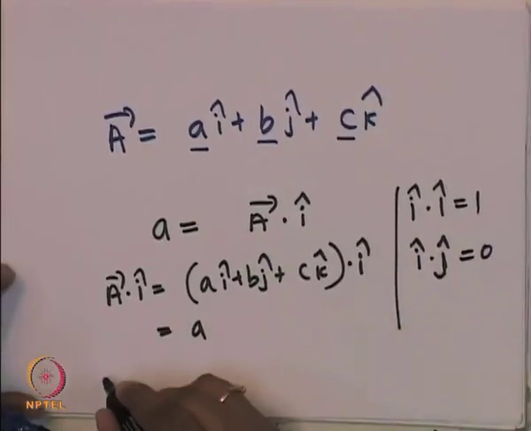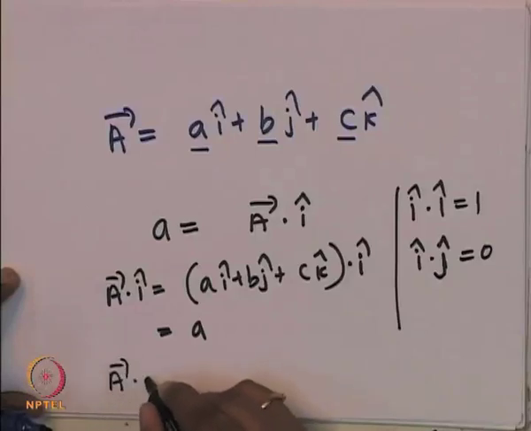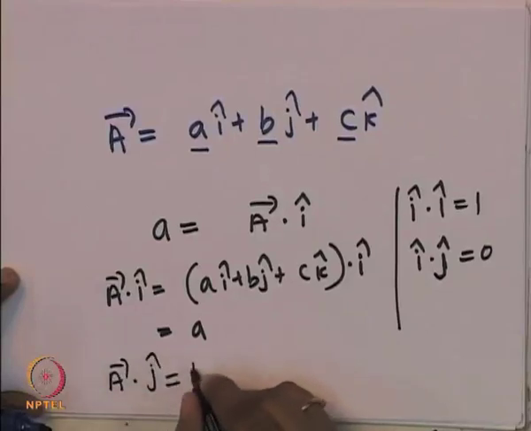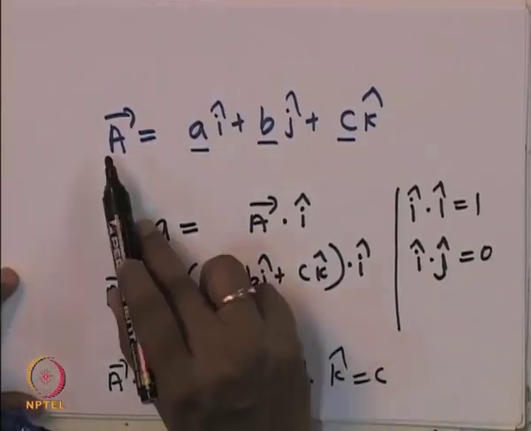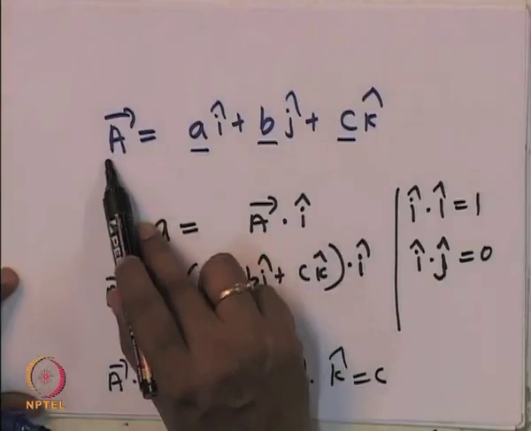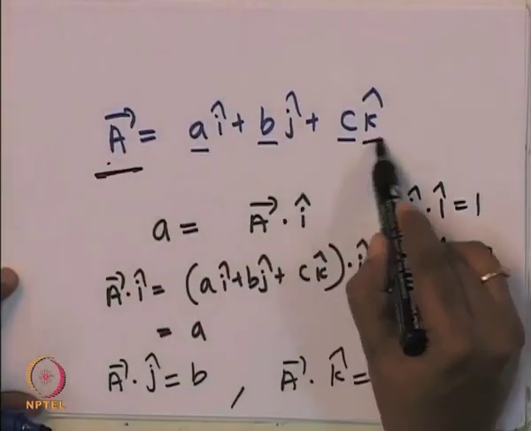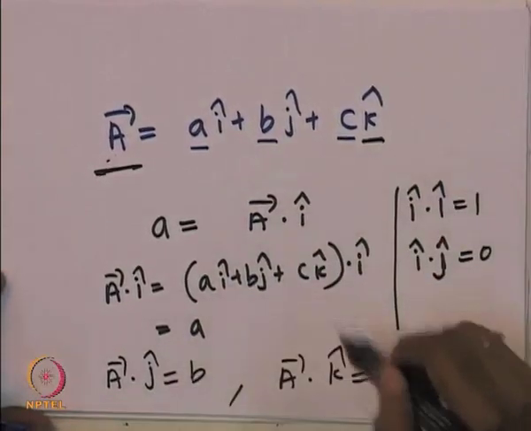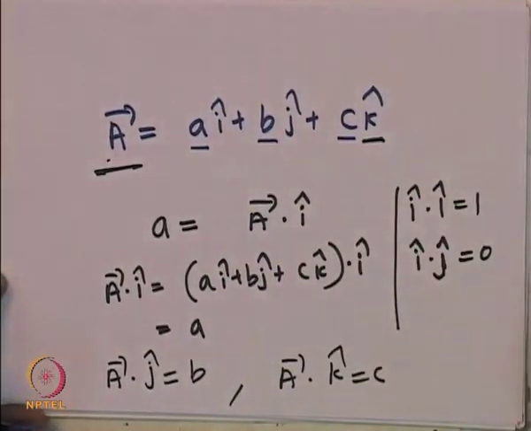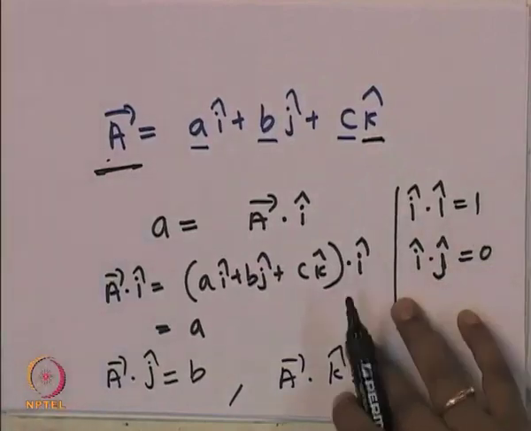Similarly, we can write A dot j is B. Similarly, A dot k is C. So you multiply this vector with this k, that is what you did, and then you get the coefficient. Now, let us think in a similar fashion here.